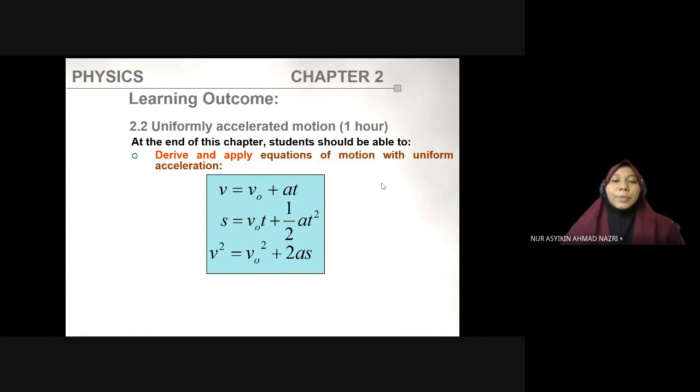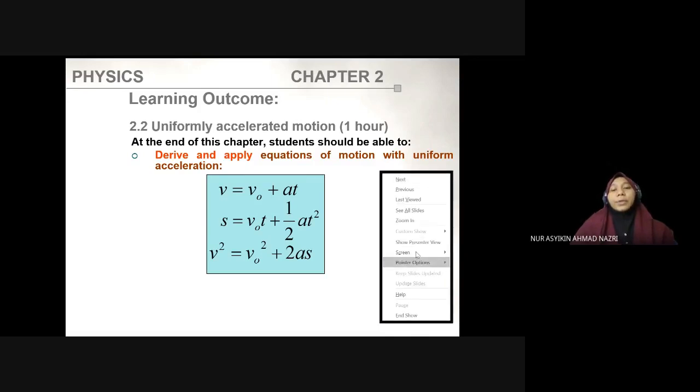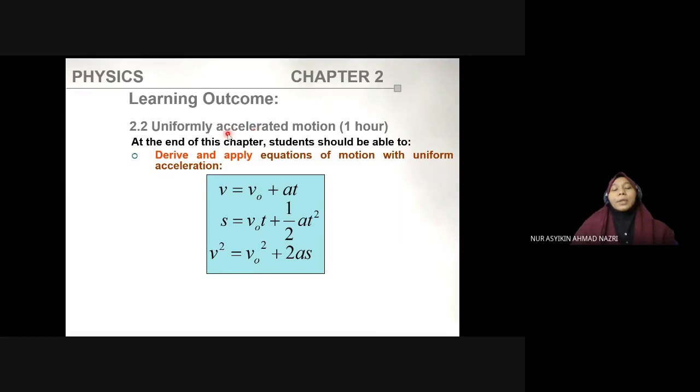Just in case the acceleration is unknown, or we have already the specific value. But today, all the expressions are dealing with only uniform acceleration. So then we can have this expression.